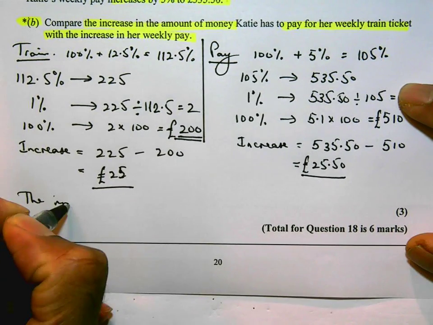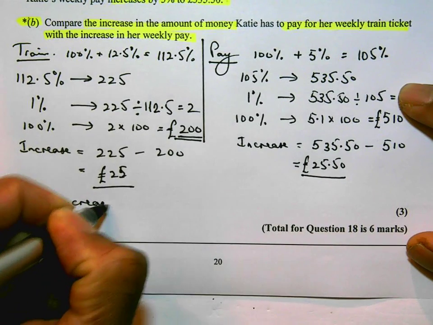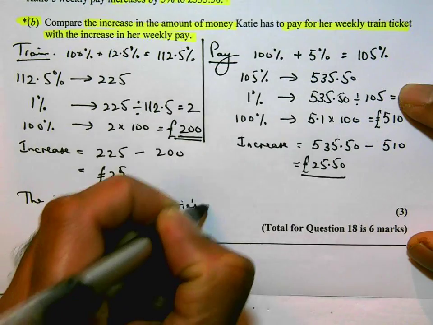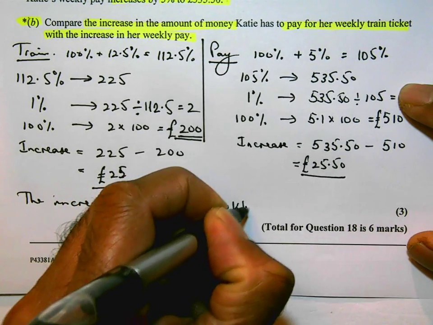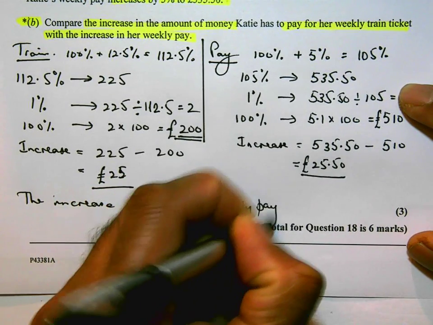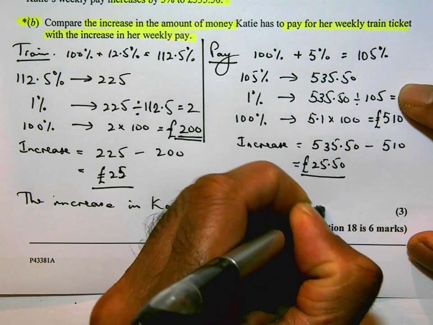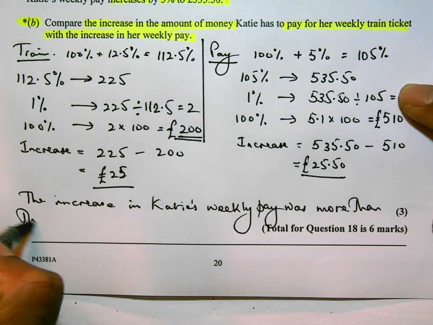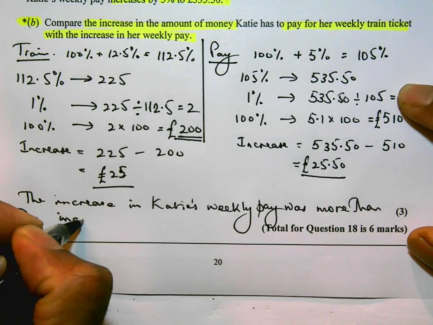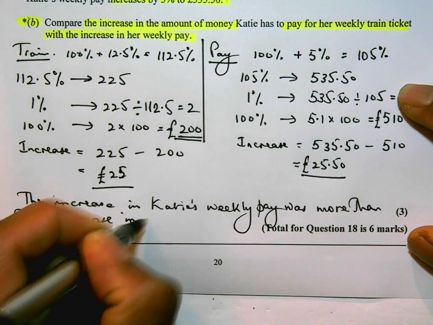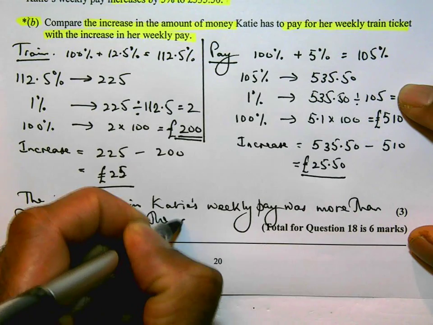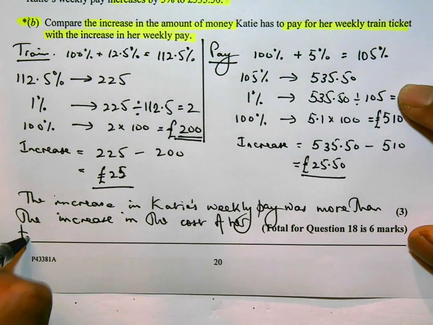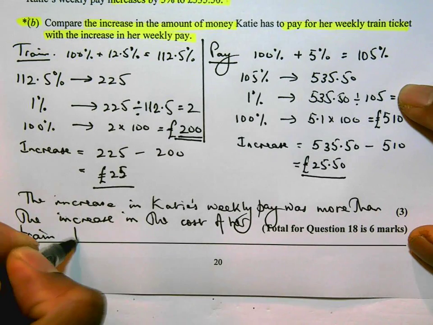The increase in Katie's weekly pay was more than the increase in the cost of her train ticket.